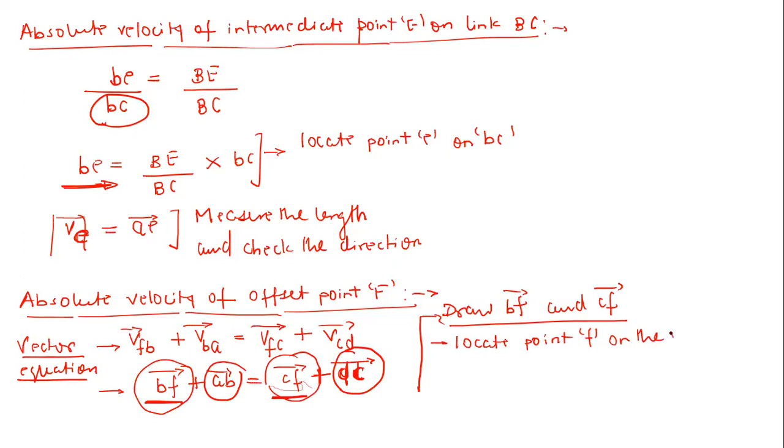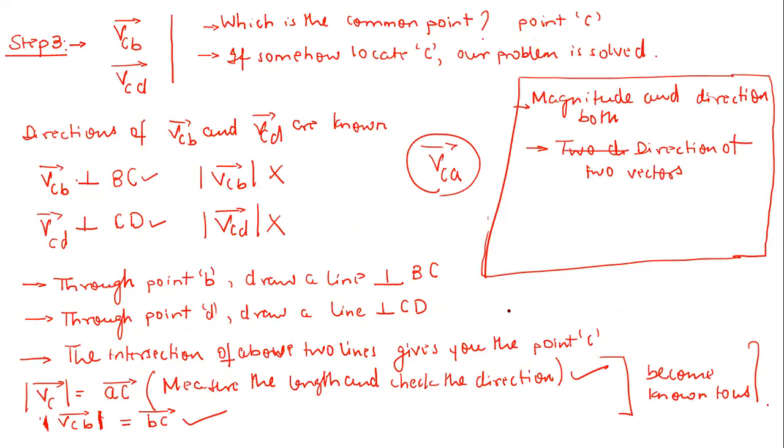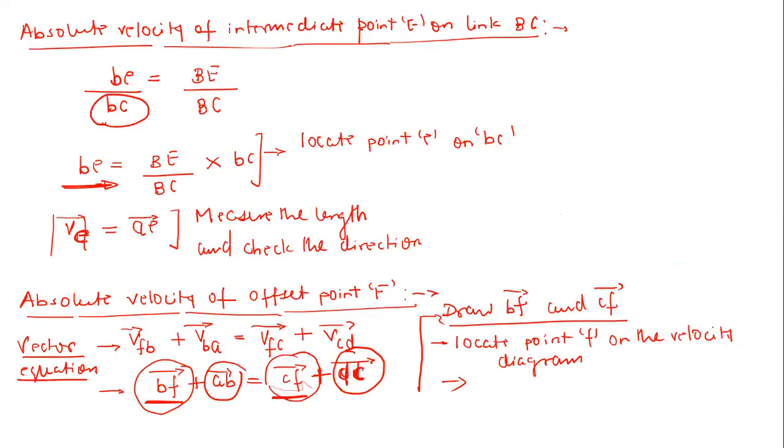Now if you go back, just remember, I made an important point to note that either you know the direction of two vectors or you know the magnitude and direction both. So here, fortunately, the directions of two vectors, BF vector and CF vector, are known to us.